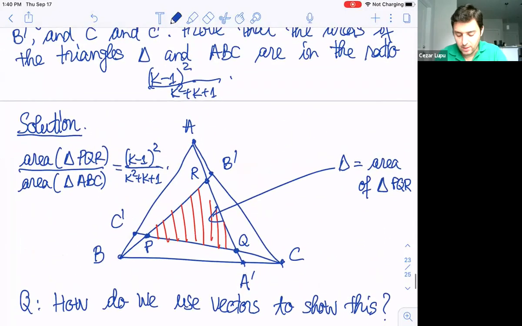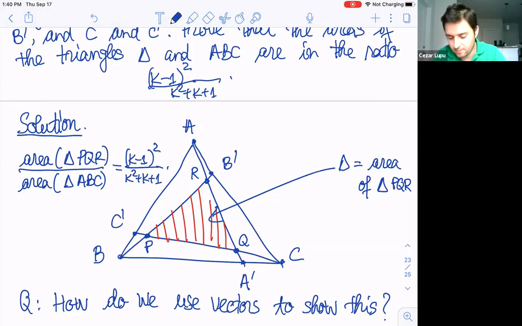To use vectors, I need to get some information about the PR vector, PQ vector, or QR vector, or at least about two of them, so that I can apply the cross product.